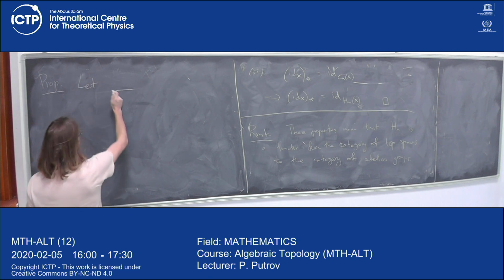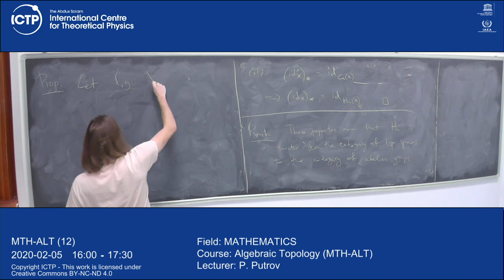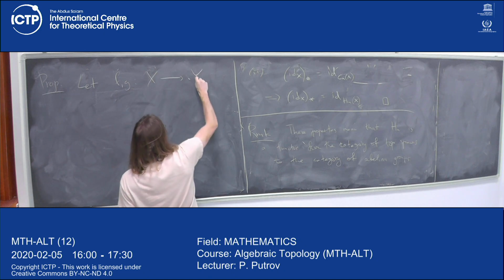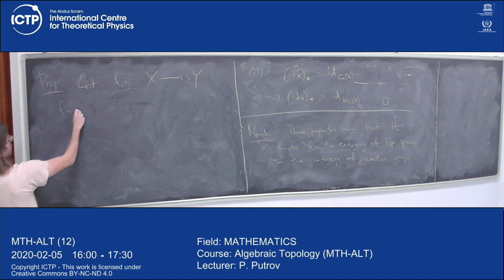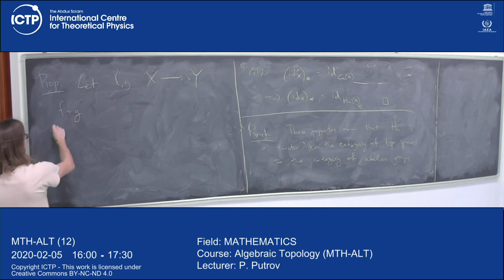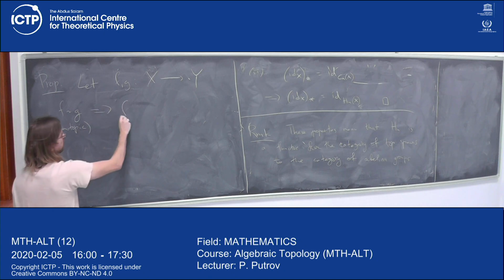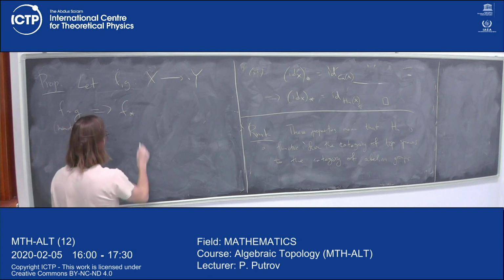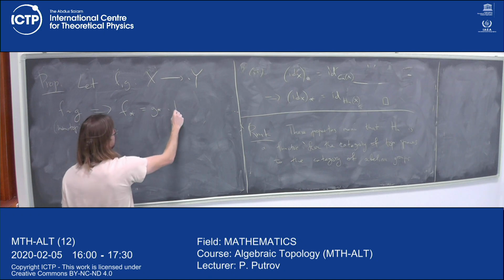So we want to show the following property. Suppose we have a pair of maps from X to Y, and assume they are homotopic. It follows that their push forwards are the same, as maps.